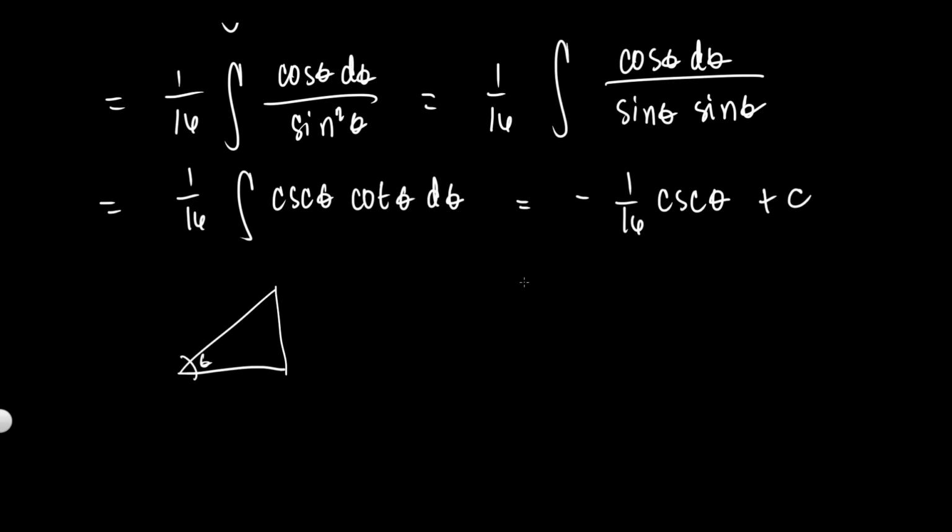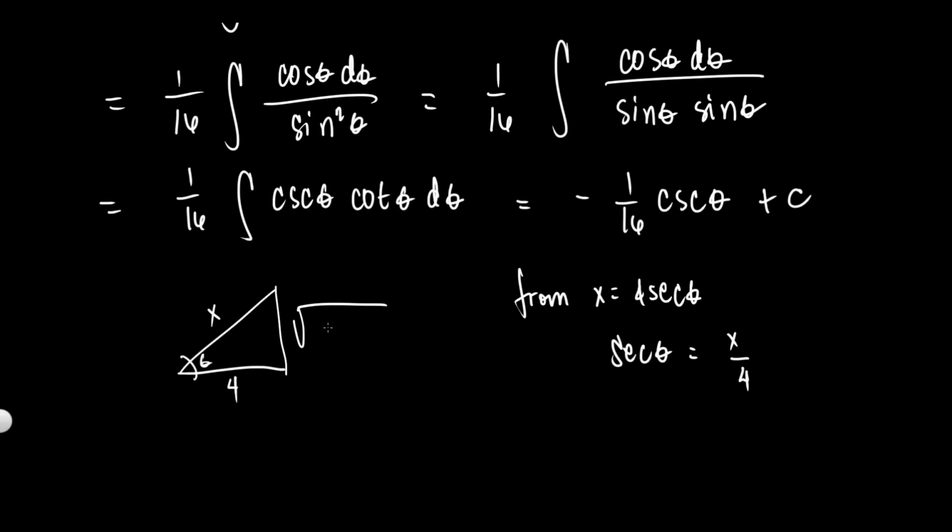So, x equals 4 secant theta, or secant theta is equal to x over 4. Okay? So, kung yan ay x over 4, dito yung x, hypotenuse, and adjacent is 4, and this side is the square root of x squared minus 16. Nasundan? Pwede rin kasi ito as 1 over cosine.